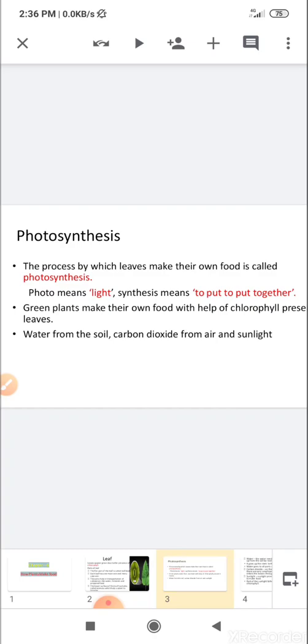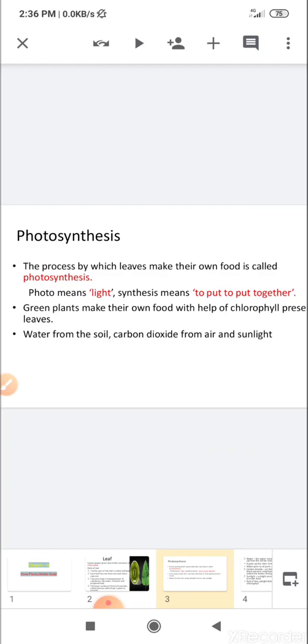Now you know that chlorophyll is very important for making food. So plants which do not have chlorophyll cannot make their own food. Mushroom is one example which cannot make its own food because of the absence of chlorophyll.